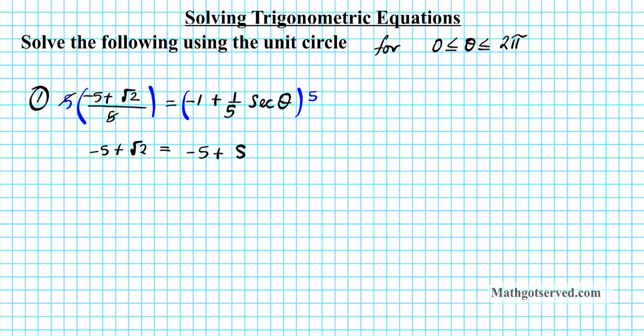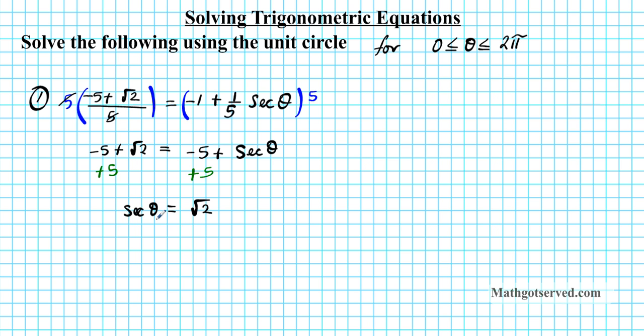And then you're left with secant theta. Alright, now let's go ahead and isolate secant theta. To accomplish that, we'll add 5 to both sides. And that leaves us with, using the reflexive property of equality, secant theta equals -5 plus 5 cancels out. So you're left with root 2.